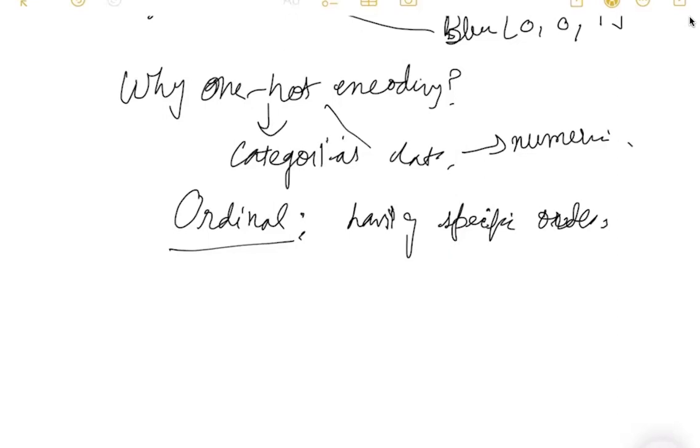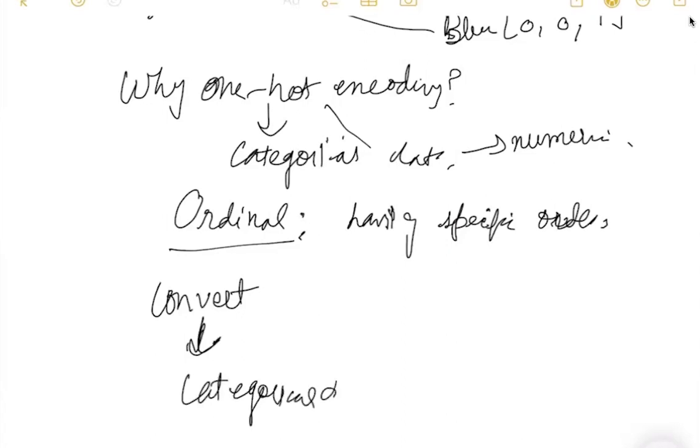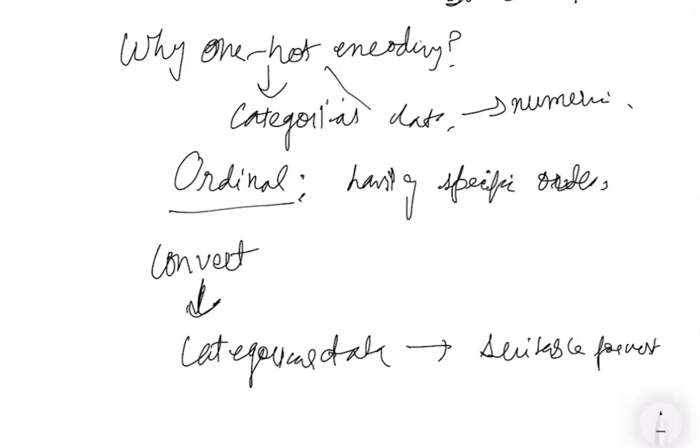One-hot encoding is a powerful tool for converting categorical data into a suitable format for machine learning algorithms. It ensures accurate representation and preserves the uniqueness of different categories. So this is all about one-hot encoding. Thank you.